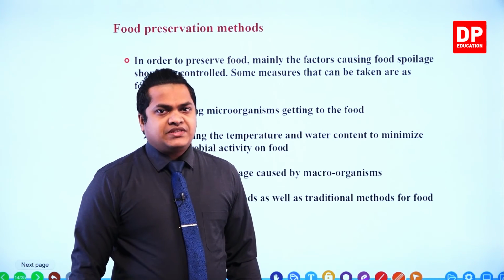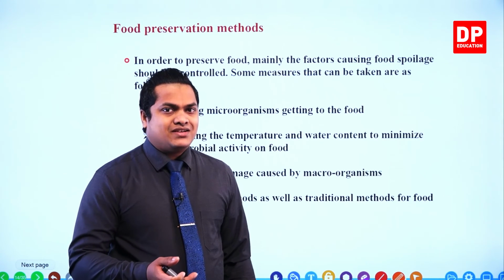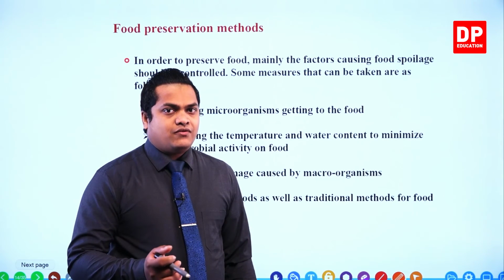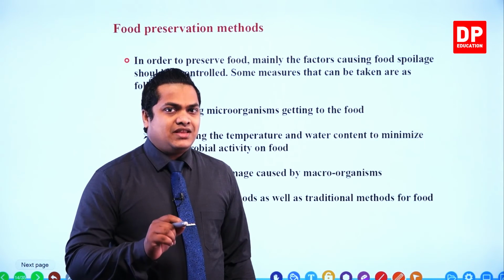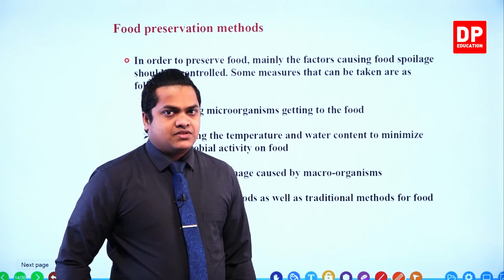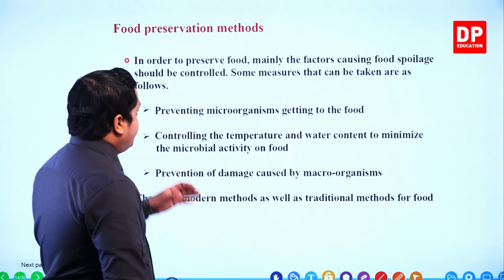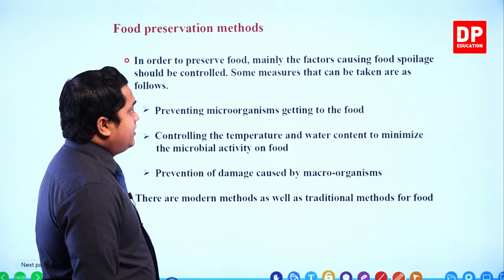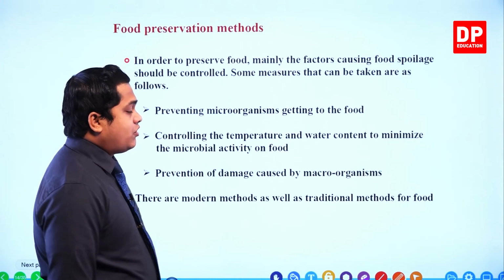So during the preservation of food, we have to follow different methods. In each of these methods, we are reducing the growth and action of microorganisms. So my dear children, in order to preserve food, mainly the factors causing food spoilage should be controlled.